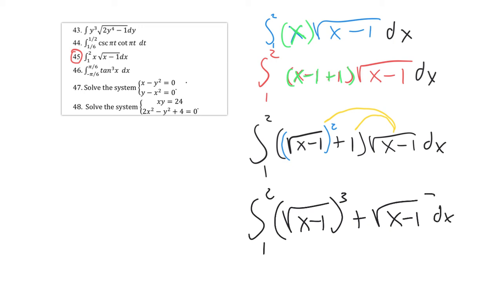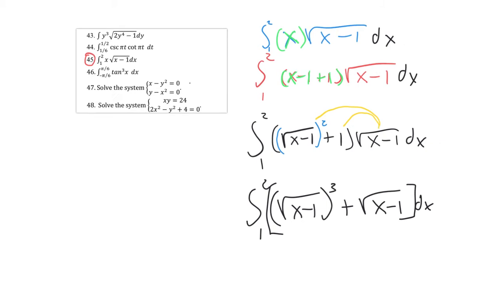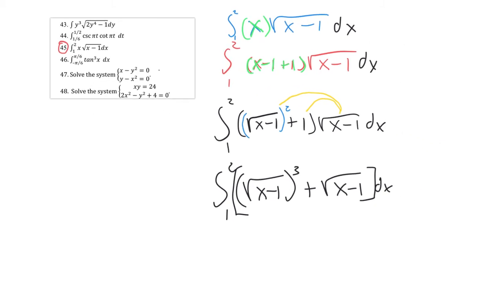So hopefully that makes sense. I wonder if the moral of the story here is to just force a situation where you're only dealing with terms that feature radical x minus 1, and just kind of make that happen. Construct this out so that that can happen.